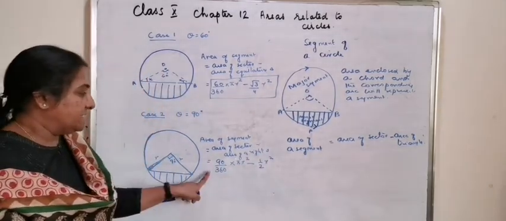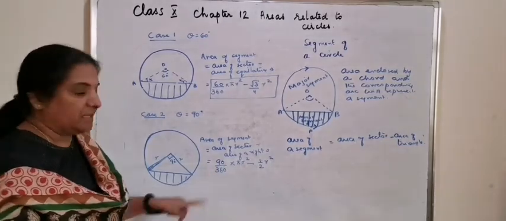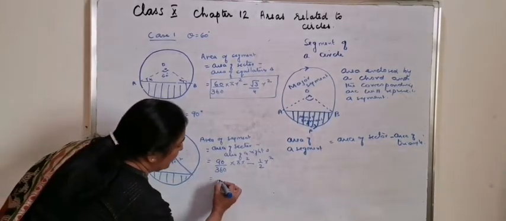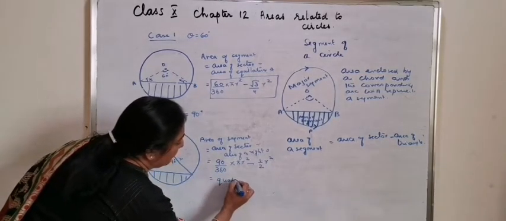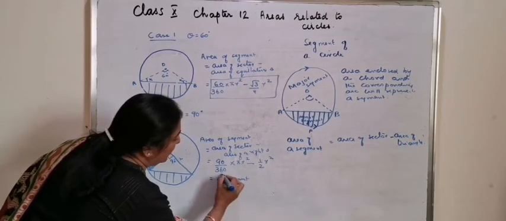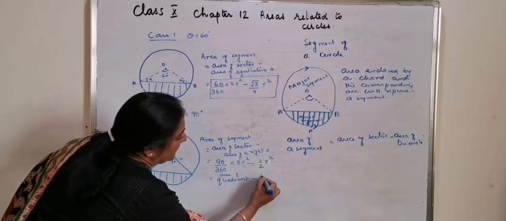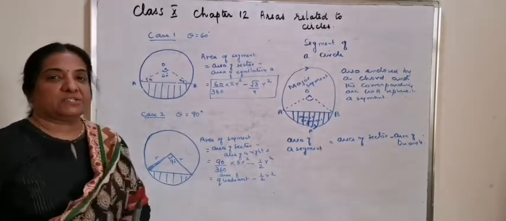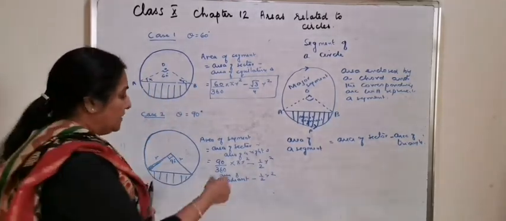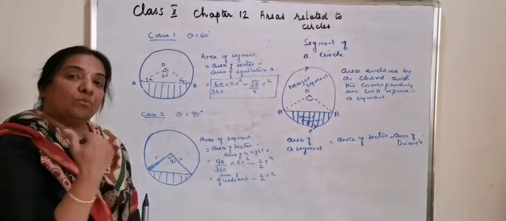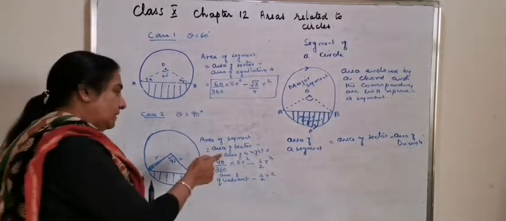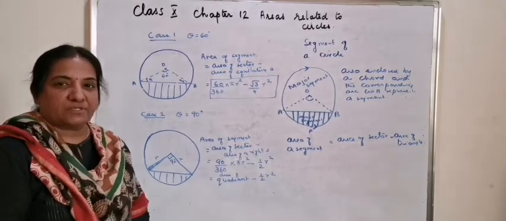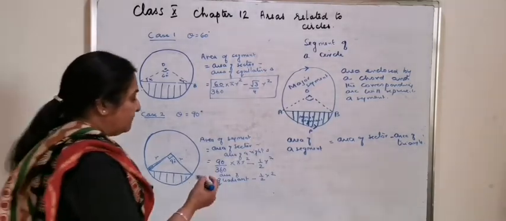And here this 90 by 360 into pi r square is also called a quadrant. Area of quadrant is 1/4 pi r square. It is a quarter of a circle. So area of a quadrant is 1/4 pi r square or 90 by 360 into pi r square, minus half r square.